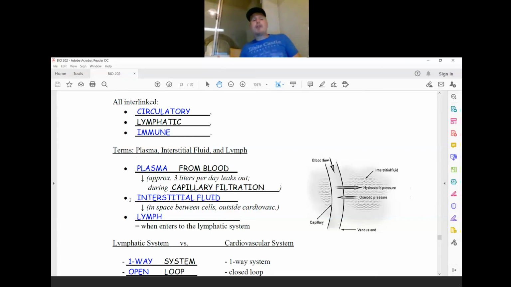So the composition of the interstitial fluid is exactly the same as plasma. When interstitial fluid gets picked up by the lymphatic system, we start talking about lymph. And again, the composition of lymph is the exact same as interstitial fluid or plasma. So it's all the same stuff, just called different names depending on where we are at.